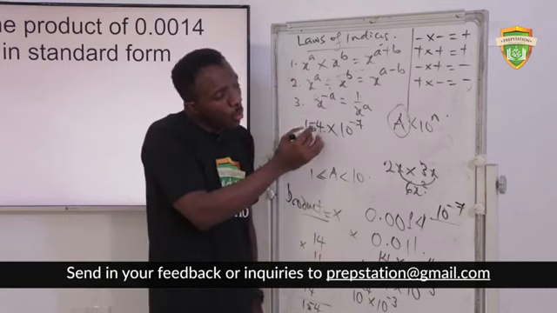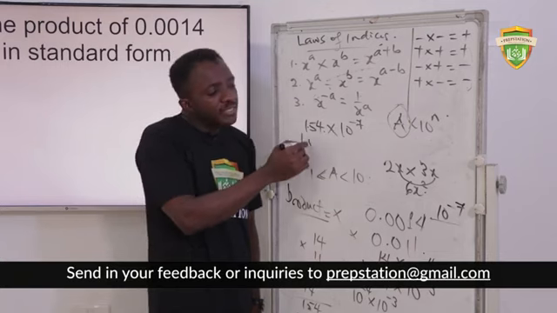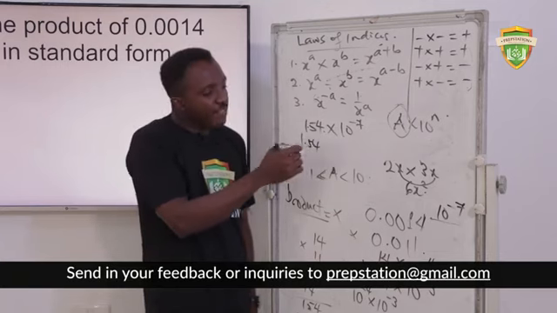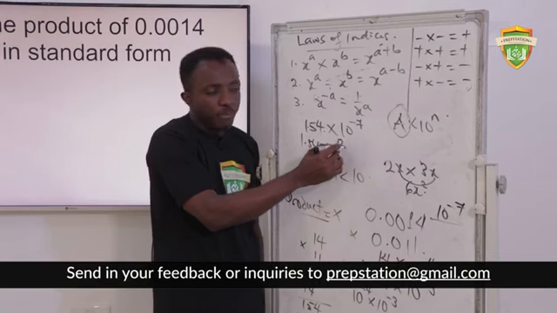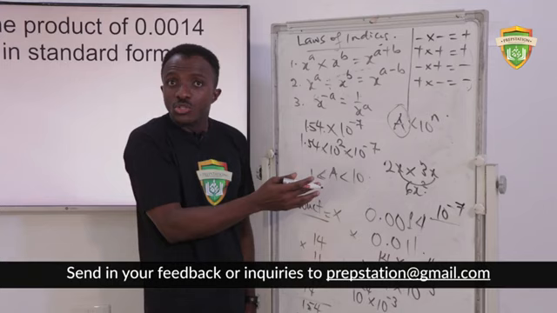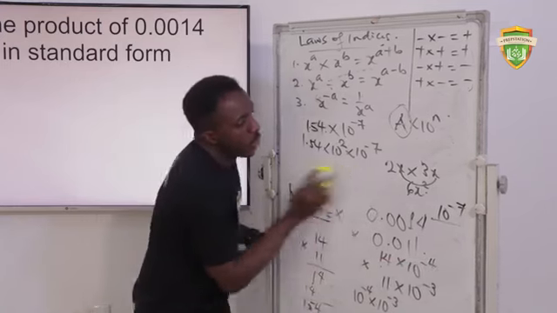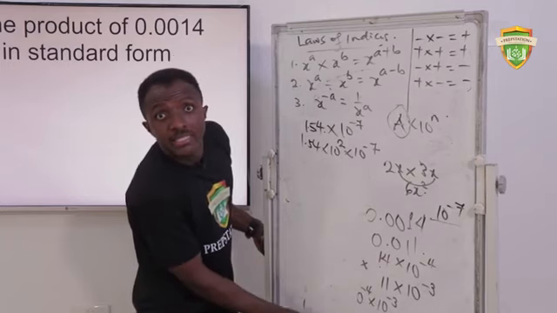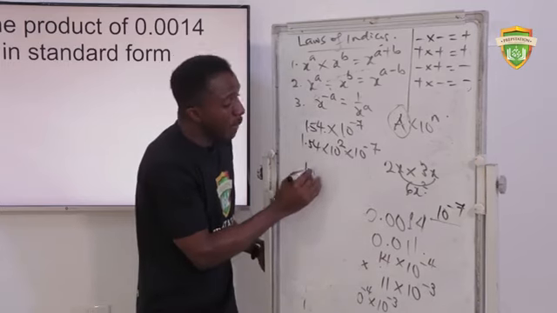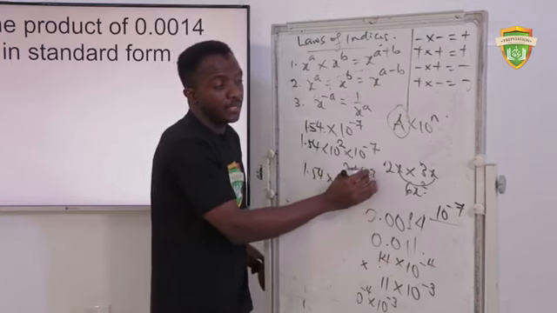So this will give us 1, 2. Notice where we stopped. We stopped at 1.54. So 1.54 times 10 raised to the power 2 times 10 raised to the power minus 7. Let's quickly wrap this up before I get the next question done. If we do our indices, we have 1.54 times 10 raised to the power 2 plus minus 7.